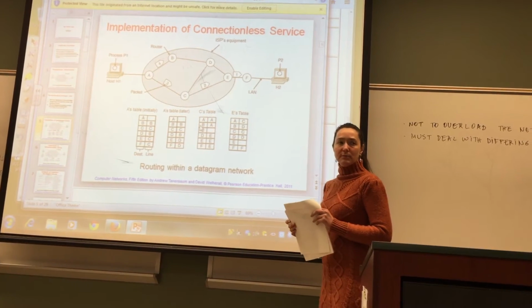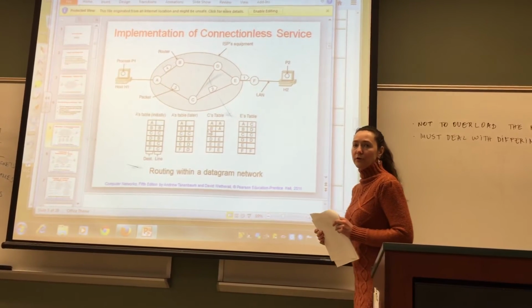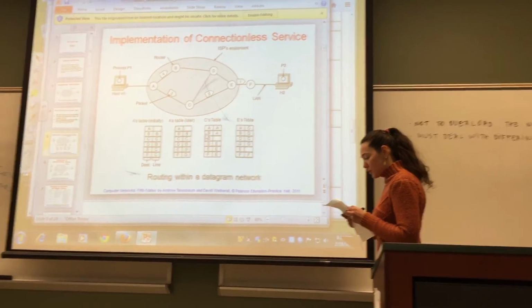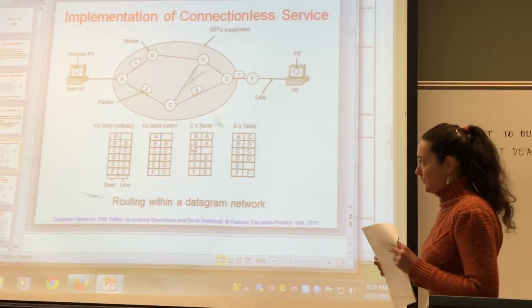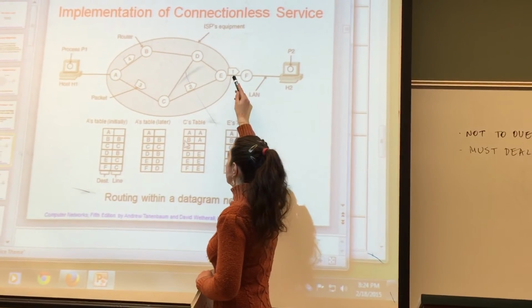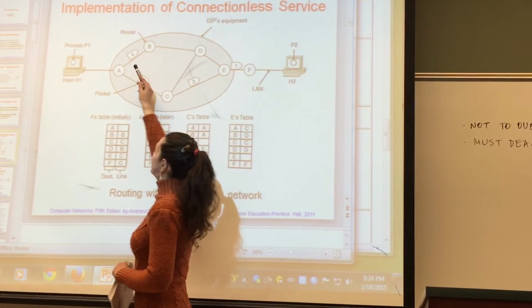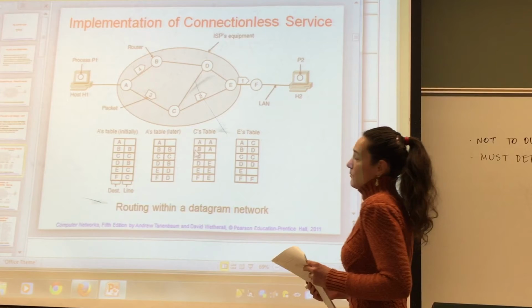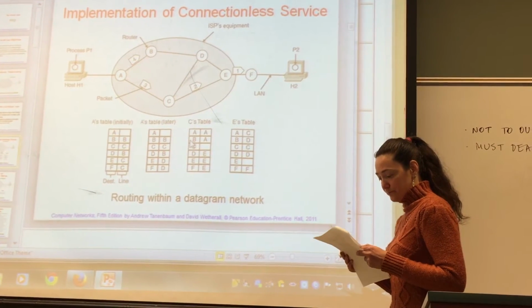So it's 4 times bigger than the maximum transfer unit of this particular network. So the network layer will break this packet into 4 pieces. So it has piece 1, 2, 3, and 4. And it will just start by sending the first piece.